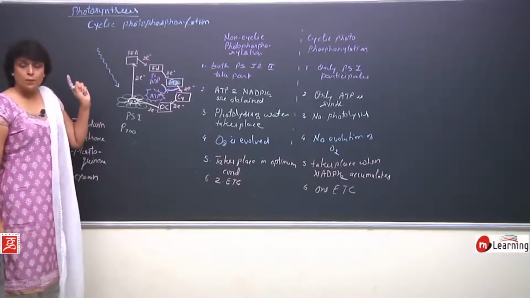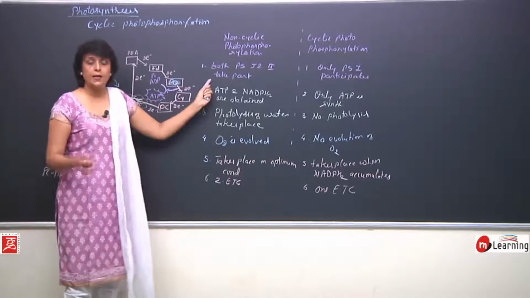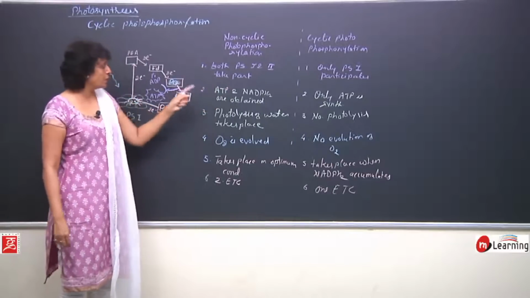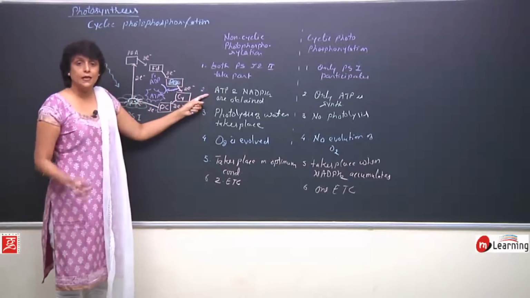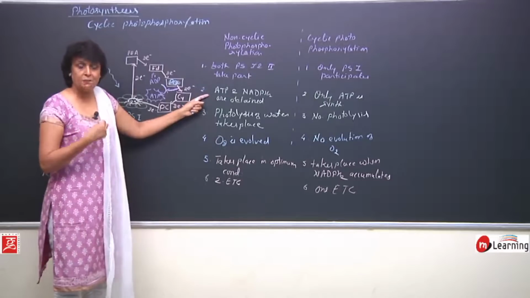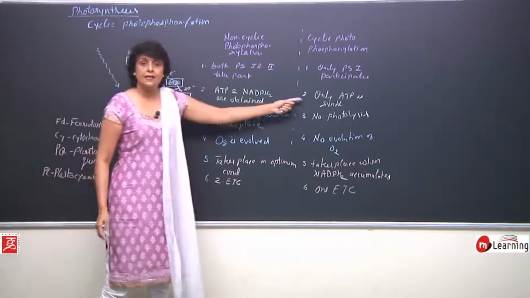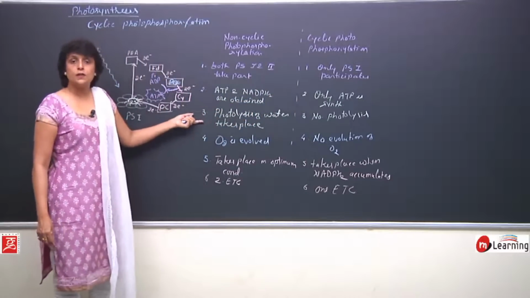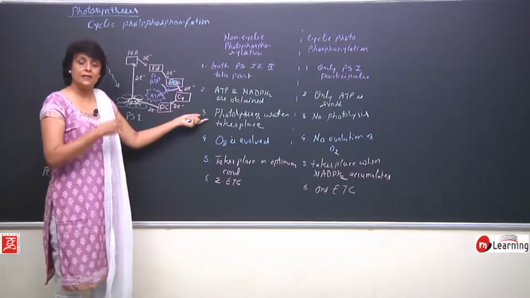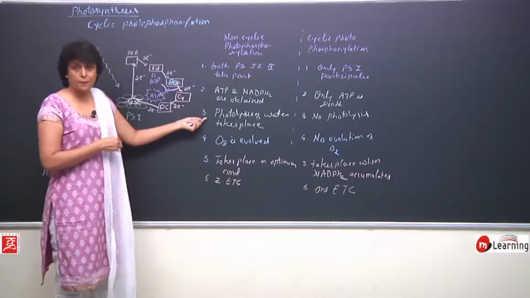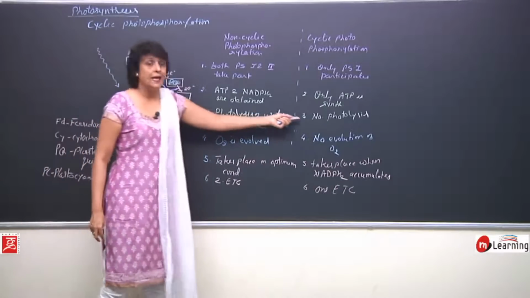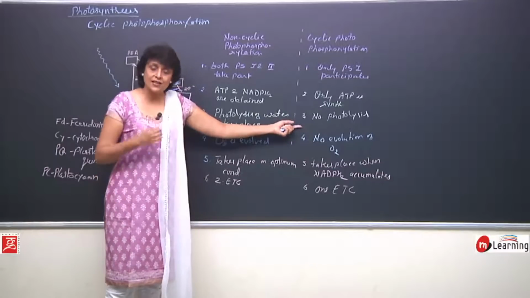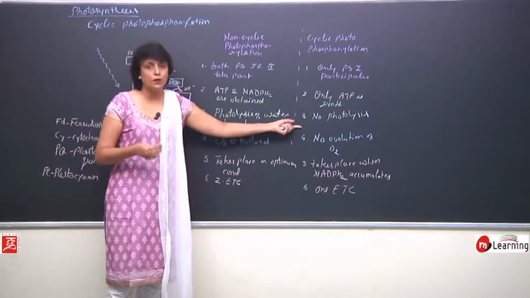So, important points: in non-cyclic, both photosystems work, in cyclic only one photosystem. In case of non-cyclic, two products are obtained, ATP and NADPH2, whereas in case of cyclic only ATP. Photolysis of water is required in non-cyclic to replace the electrons which are lost from the reaction center chlorophyll, as in cyclic the electrons come back to the same point from where they were lost.